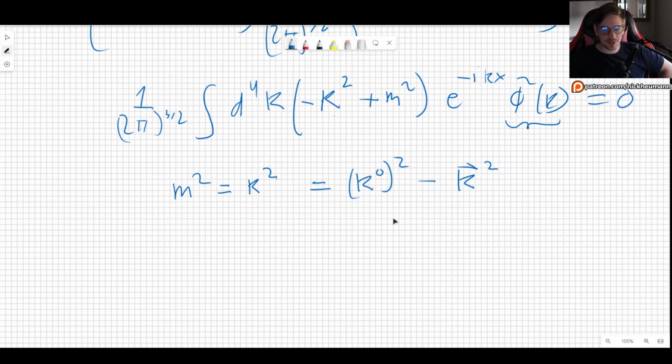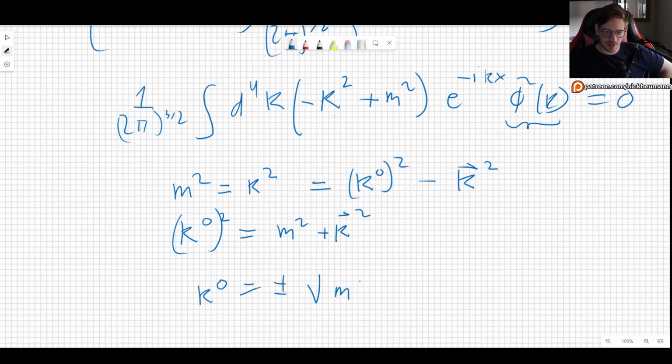So that means that k₀ squared is equal to m squared plus the k vector squared, or k₀ is equal to either plus or minus the square root of m squared plus k squared. Of course, this isn't particularly new. This is what we call plus or minus the energy.